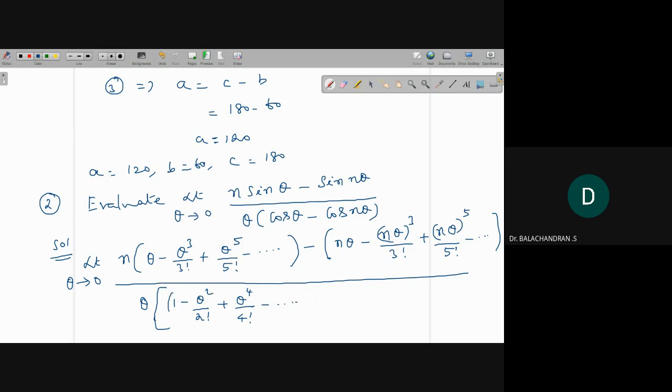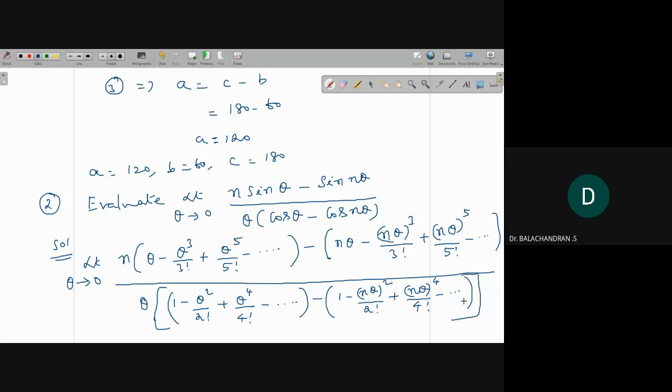You close the bracket and then minus cos n theta. 1 minus n theta whole square divided by 2 factorial plus n theta whole power 4 divided by 4 factorial and then minus and so on. Close this bracket and finally close this square bracket.